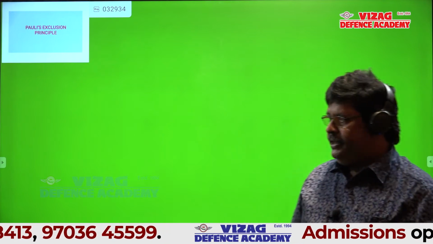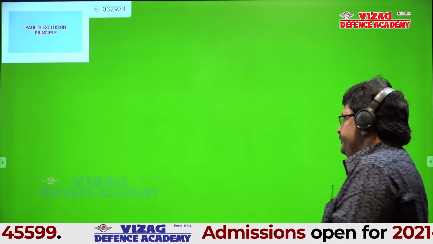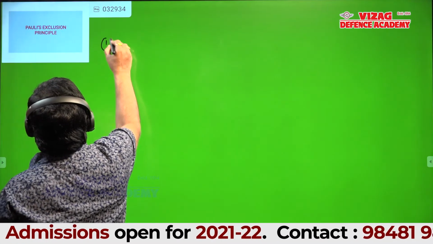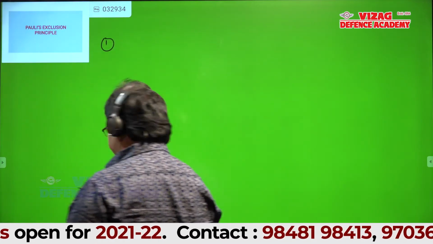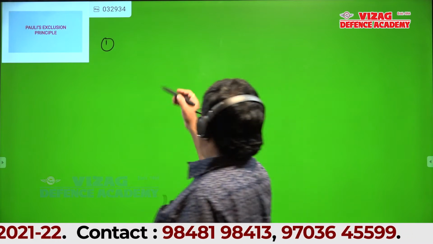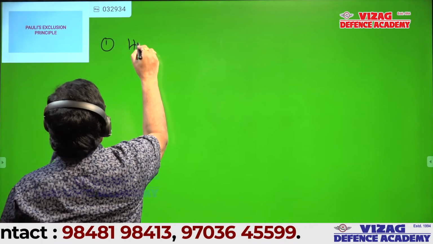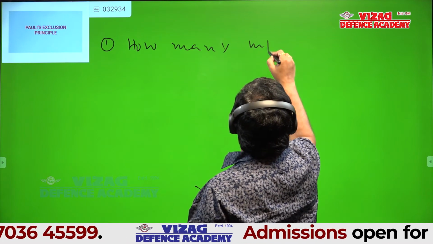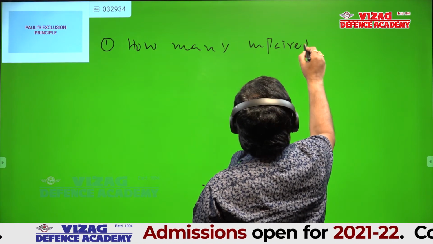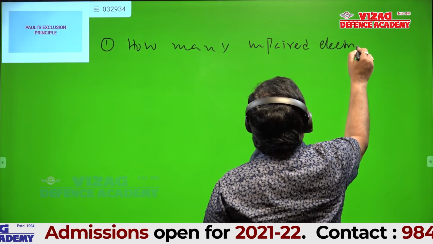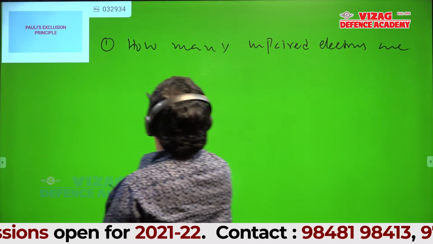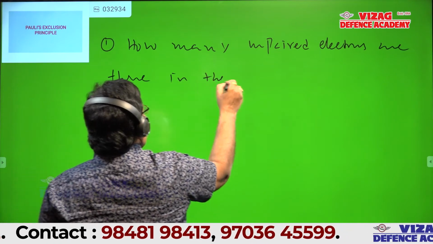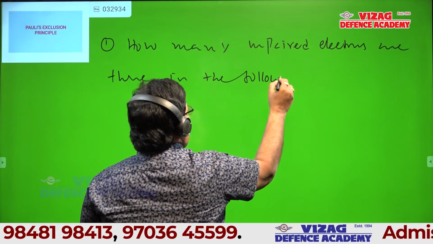Shall I write one question? Right. First one. How many unpaired electrons are there in the following elements?